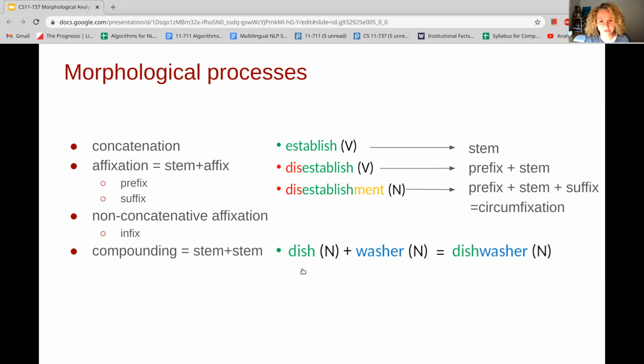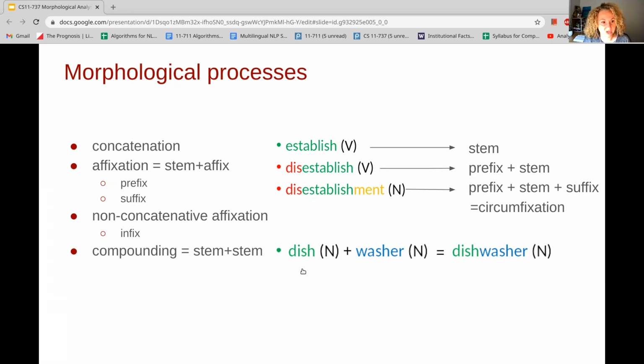So in the example, disestablishment, the stem is establish, and there are a prefix and a suffix, dis and ment. If you concatenate the prefix and the suffix on both sides of the stem, this process is called circumfixation. So these are concatenative processes.